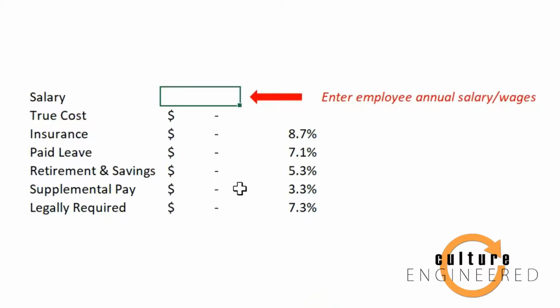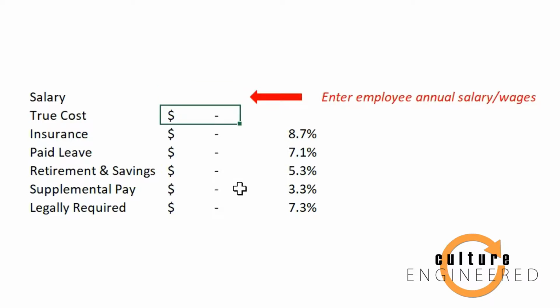This is a calculator that I developed, and built into it are the different percentages given by the Employer Costs for Employee Compensation report issued by the BLS, Bureau of Labor Statistics, earlier this year. As you can see, you enter the salary, maybe an average salary of an employee for a company.